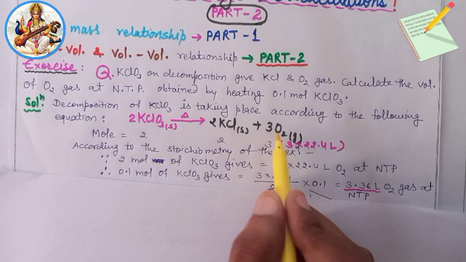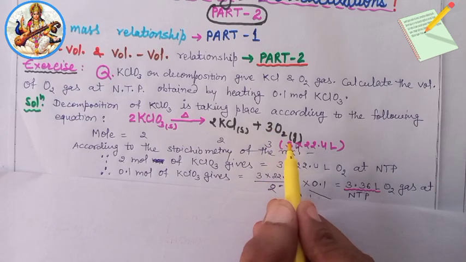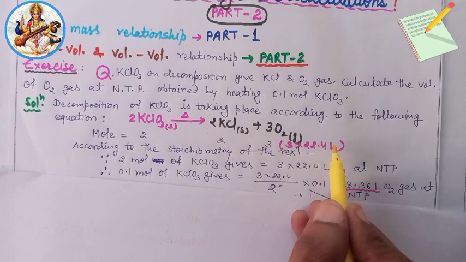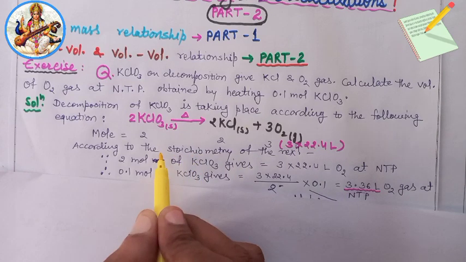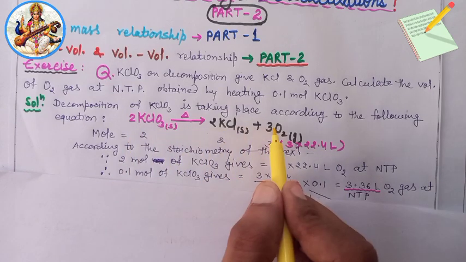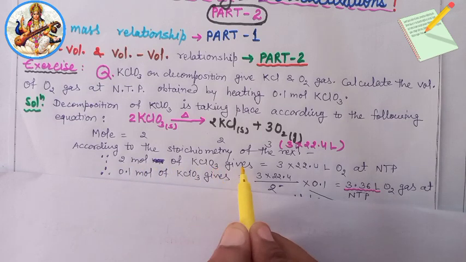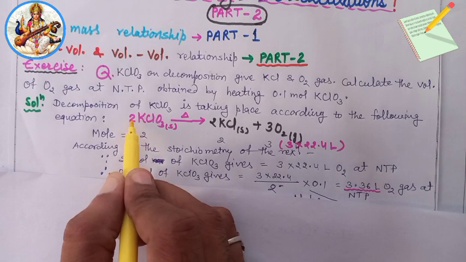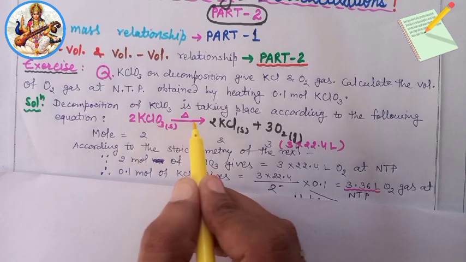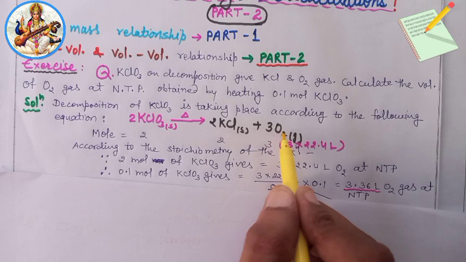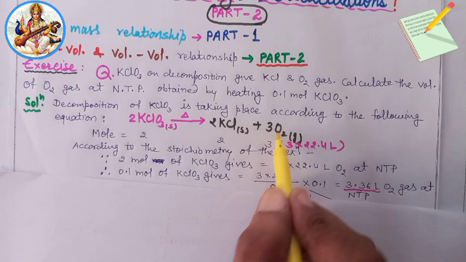Therefore, the volume of 3 moles of oxygen is 3 into 22.4 liter. So, according to the stoichiometry of the reaction, 2 moles of potassium chlorate gives 3 moles of oxygen at NTP.